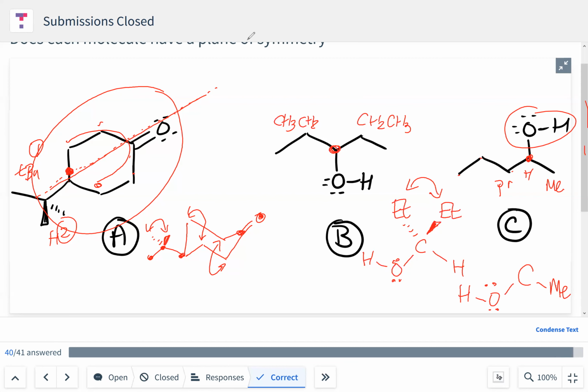Oh, actually, let's erase this. Hydrogen. We would have a methyl group on one side and a propyl group on the other. So there is no plane of symmetry here because this methyl group is reflected by a propyl when they're not the same. So this molecule here is chiral.